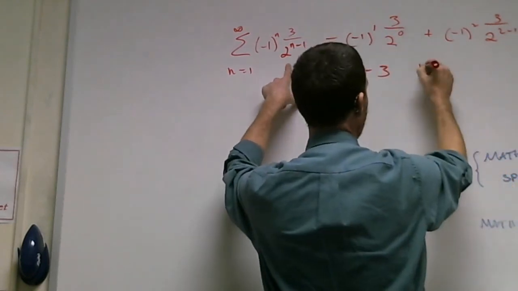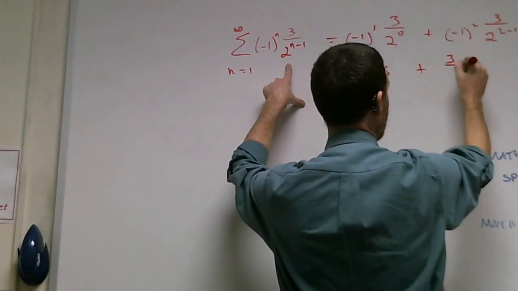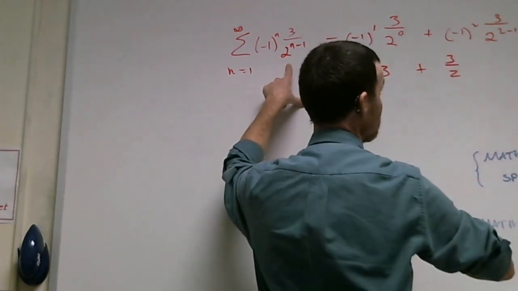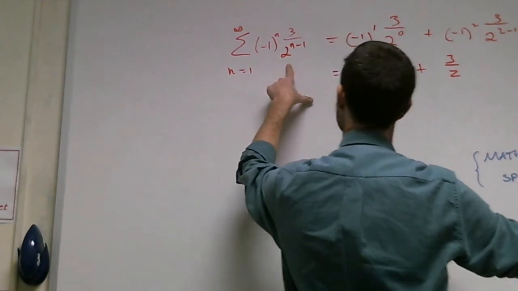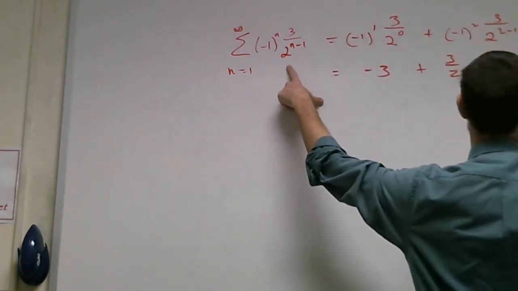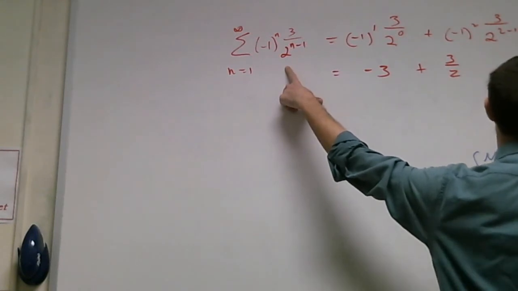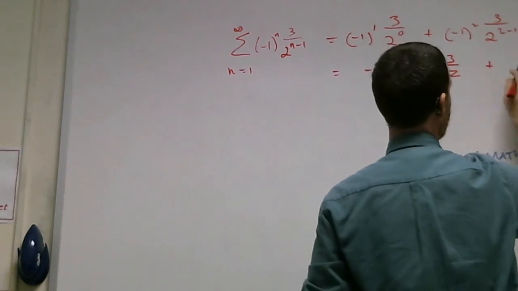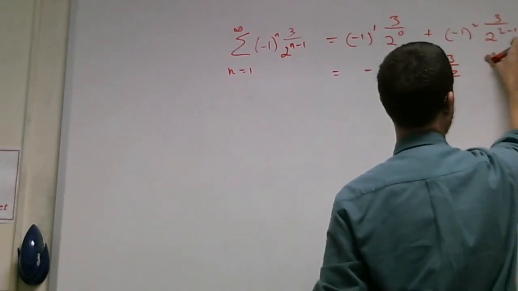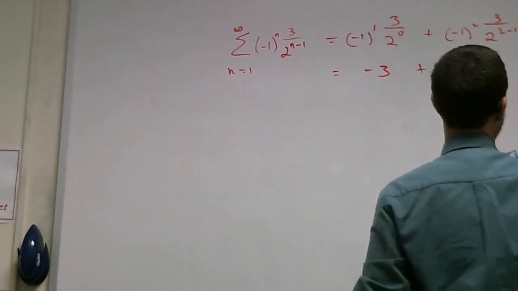So that's plus 3 halves. And the next one is plus -1 cubed, 3 over 2 to the 3 minus 1. So that's plus, oops, that's minus 3/4. Right.